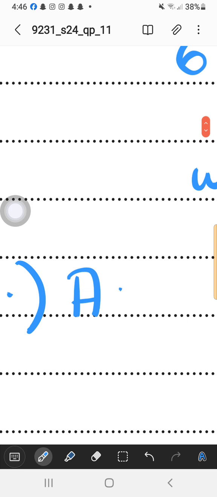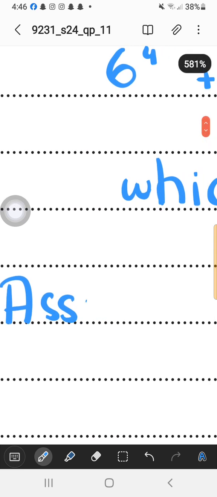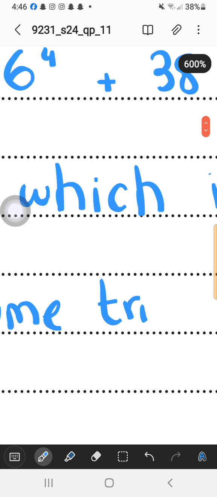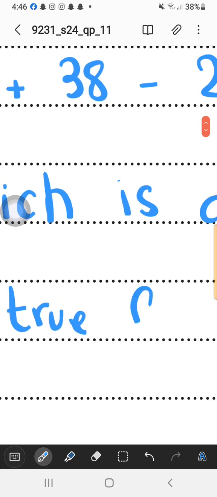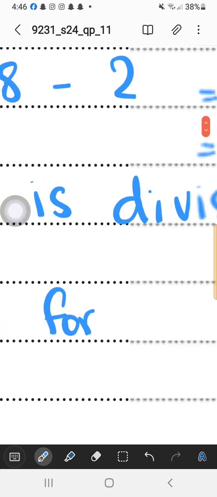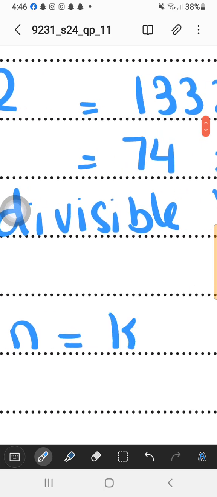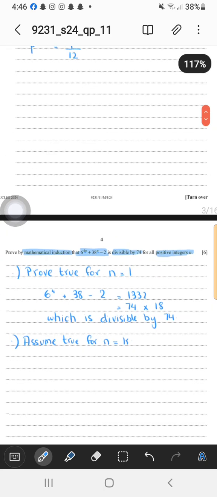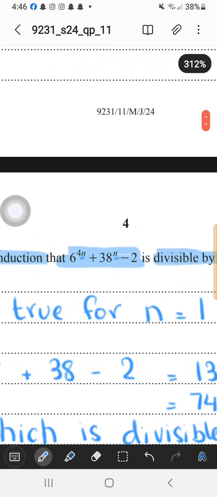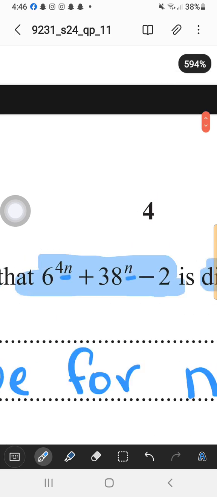Let's move on to the next step. It is the assumption. Assume true for n is equal to k. So just insert k instead of n.